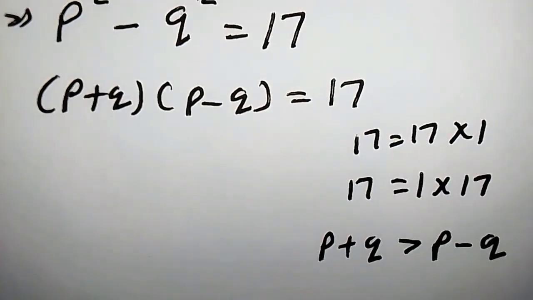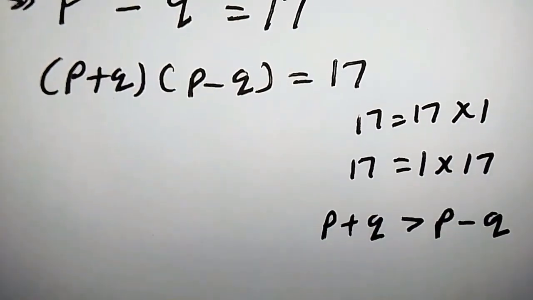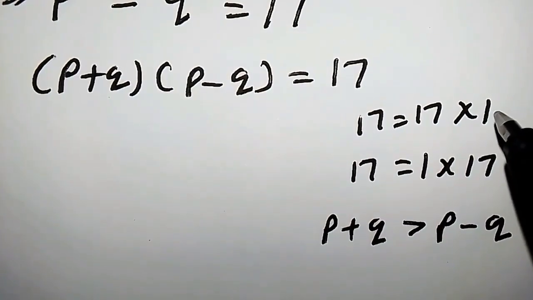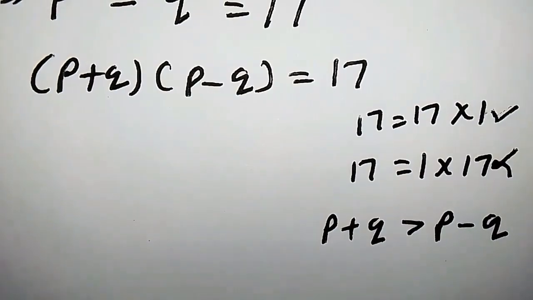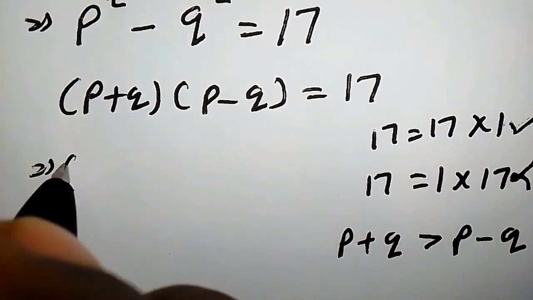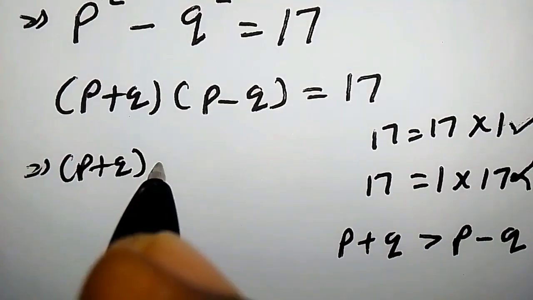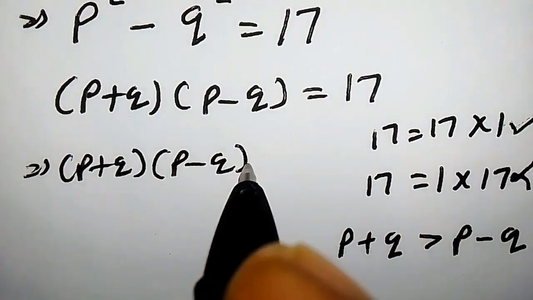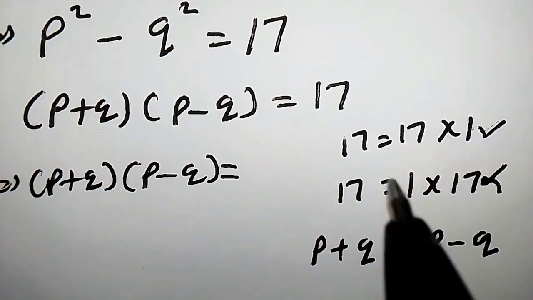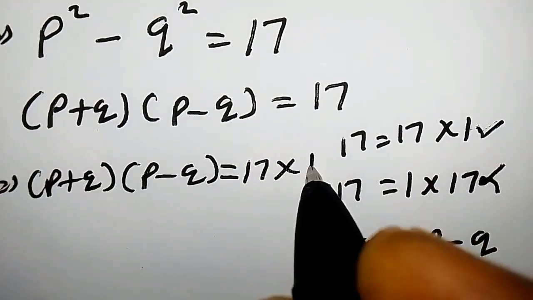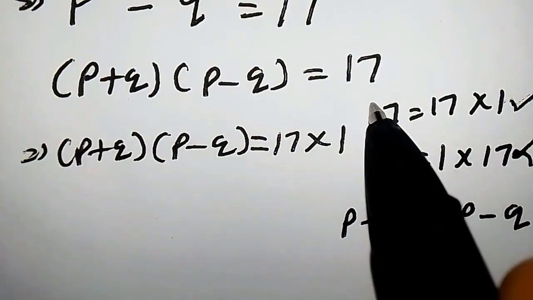That means for us to have a good comparison, we have to consider 17 equals 17 times 1 and ignore the other. So we have p plus q times p minus q equal to 17 times 1.